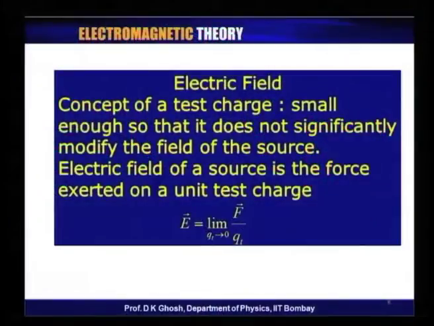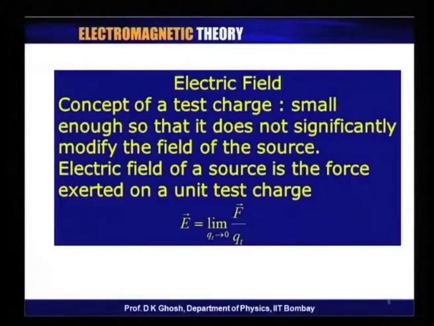Now, we define the field due to charge q as the ratio of the force that is felt by this test charge divided by the magnitude of the test charge, in the limit of the magnitude of the test charge going to 0.